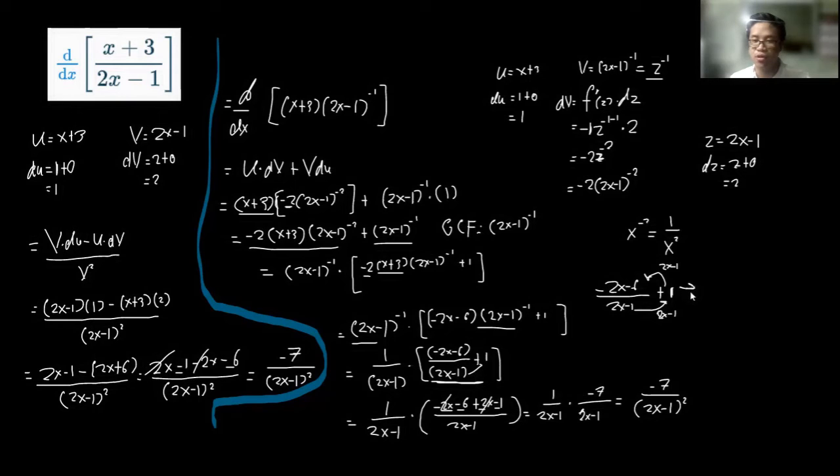Therefore, this is negative 2x minus 6 added with 2x minus 1, all over the fraction 2x minus 1. Basically again, to make them a whole fraction, multiply the denominator by what you already multiplied here, and add it to your numerator. That's it.